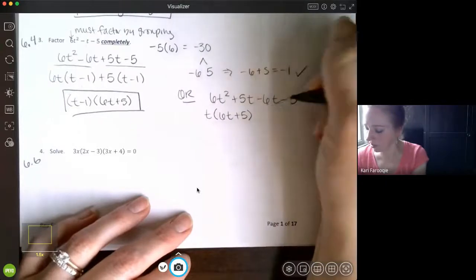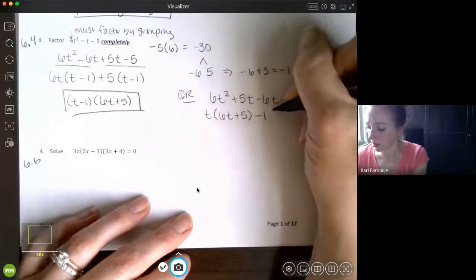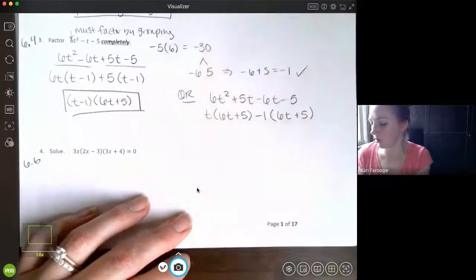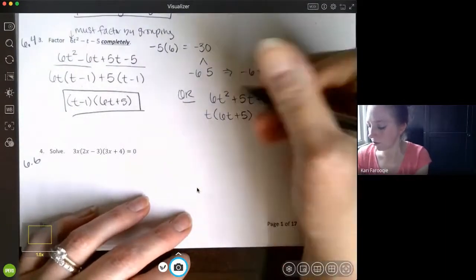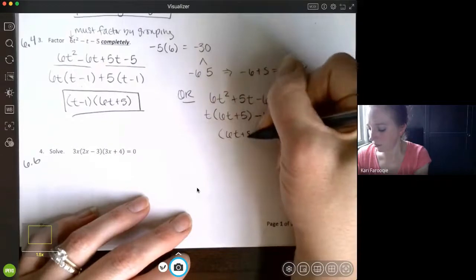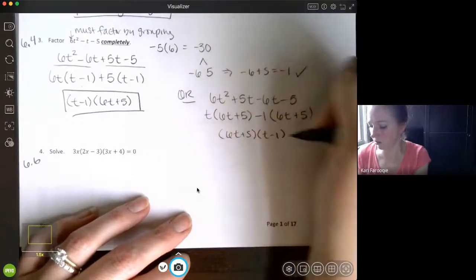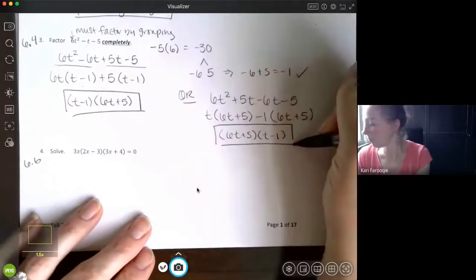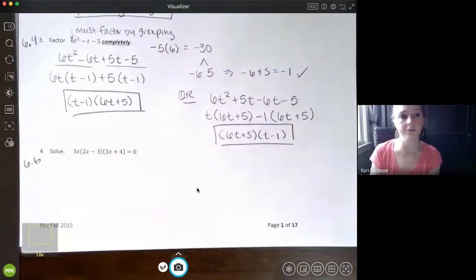And then you would take out in the second set a negative 1. Negative 5 divided by negative 1 is positive 5. And then you'll notice that you still have a factor of 6t plus 5 and a factor of t minus 1. So same answer. Does not matter what order you write those middle terms in. So that was number 3. Questions on number 3?